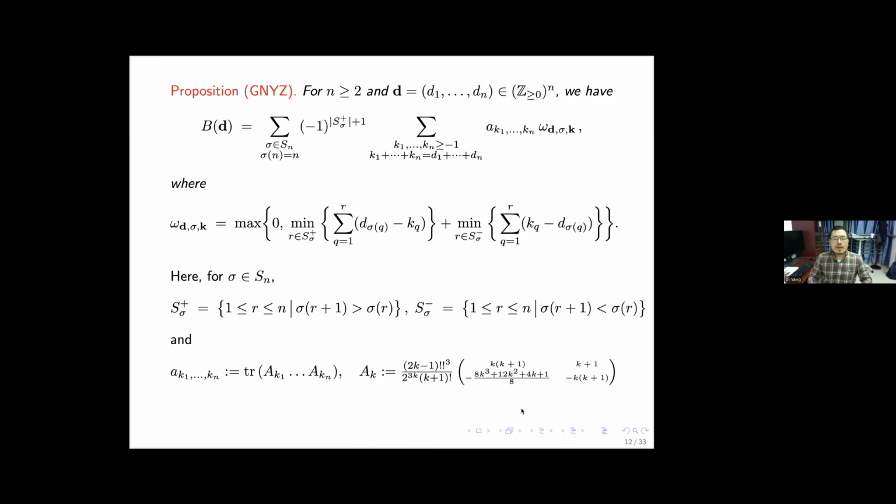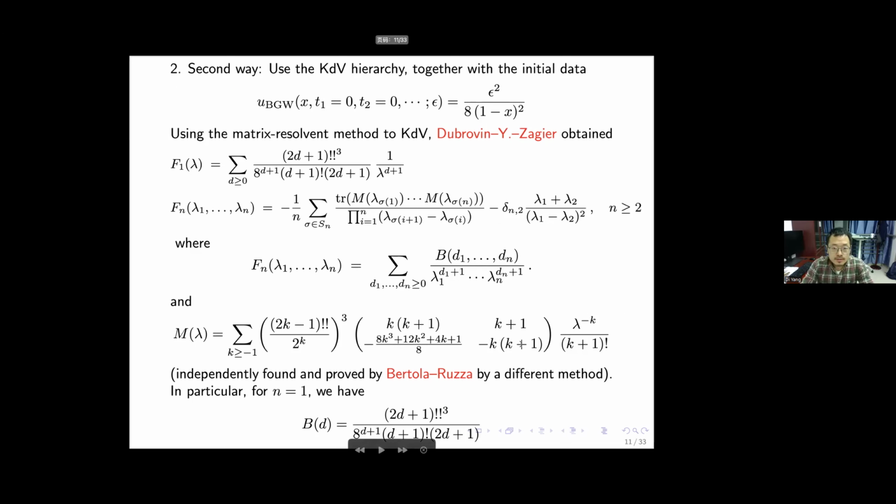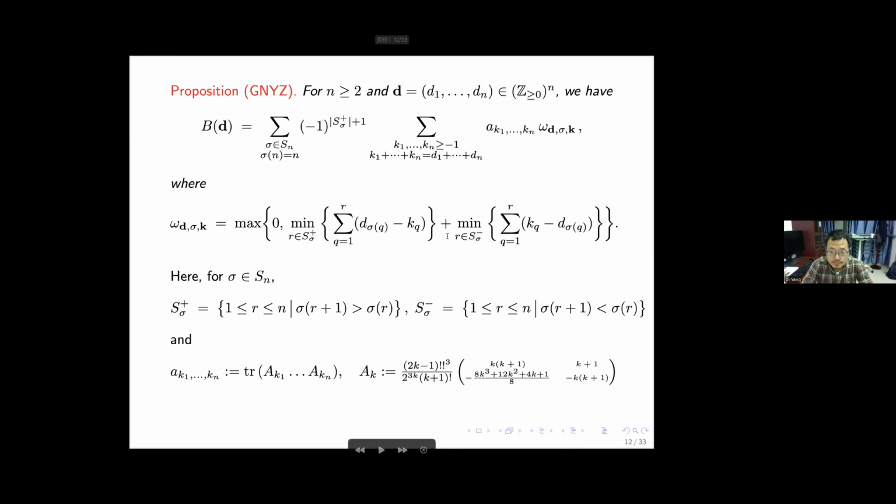From this generating function, this explicit n-point function, if we use this formula to compute the BGW numbers, everything is algebraic. What we need to do is compute the residues, because these are coefficients of some Laurent expansion.